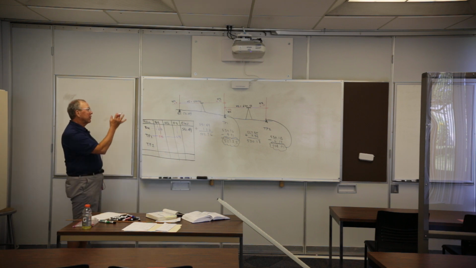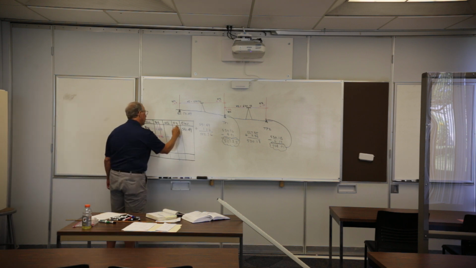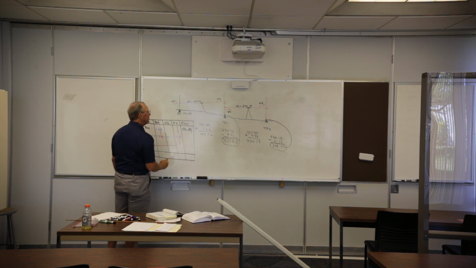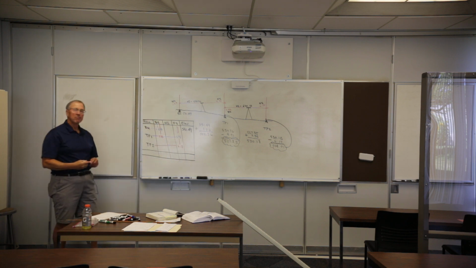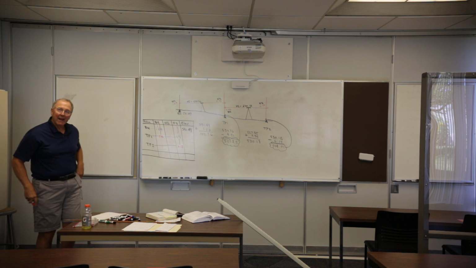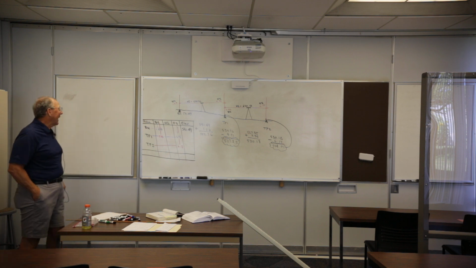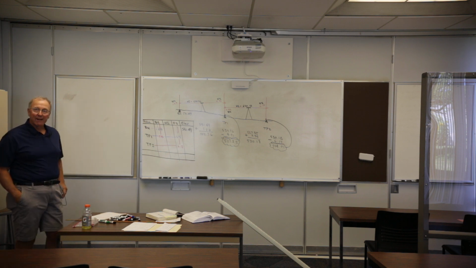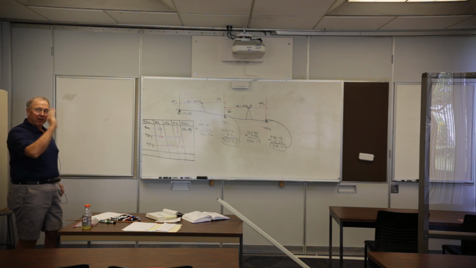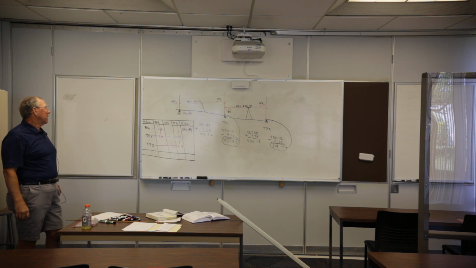And now I turn and I'm looking at TP2 foresight. So all you got to do is look at where you're looking at and what type of shot it is. Are you looking in front of yourself or behind? And there's the numbers.